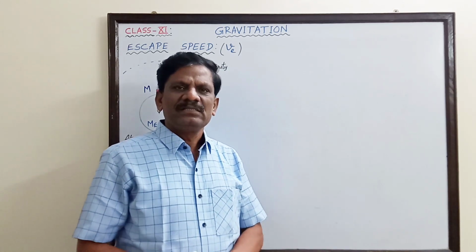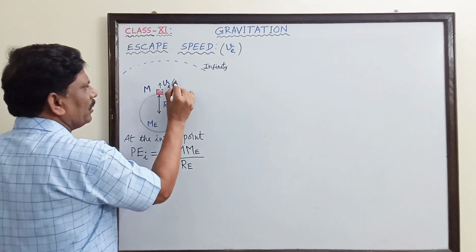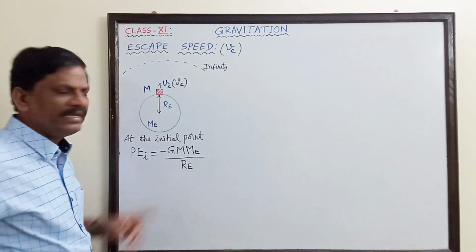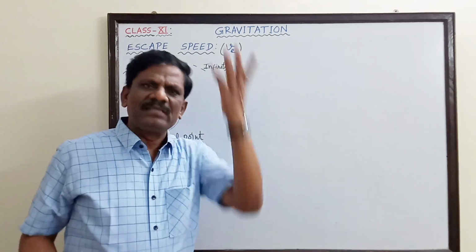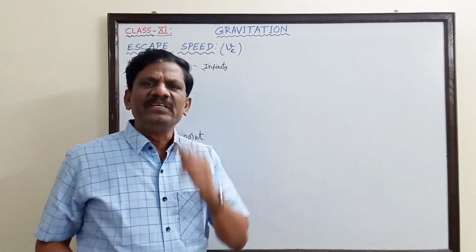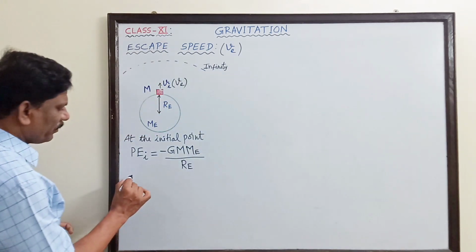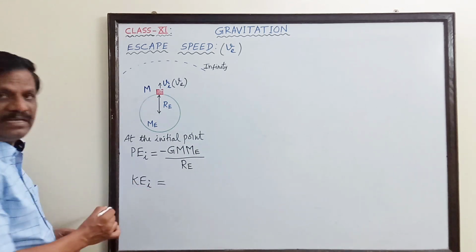Is it not? That is nothing but the escape velocity. So we can also write this as equal to the escape velocity. The initial velocity is the escape velocity. So with that velocity the body is starting from the initial point, so it must have initial kinetic energy also. Kinetic energy at the initial point, KE initial.